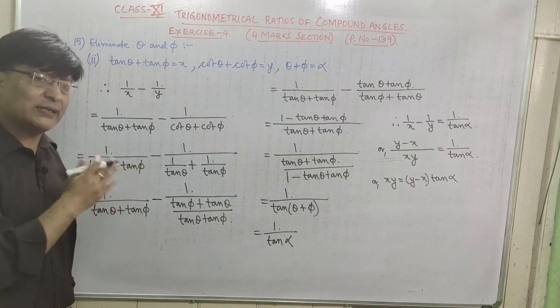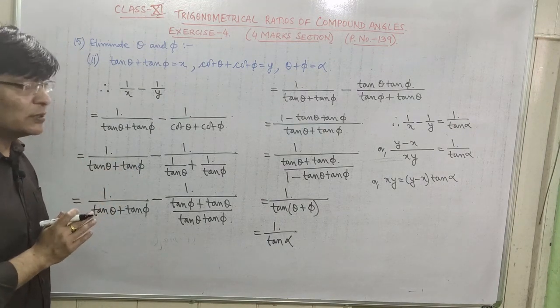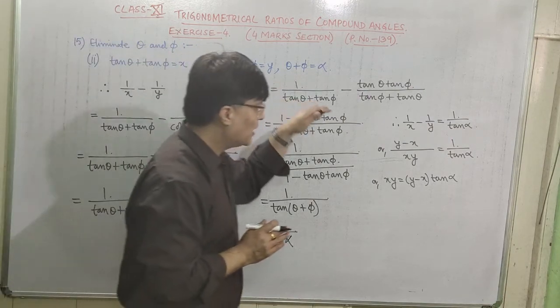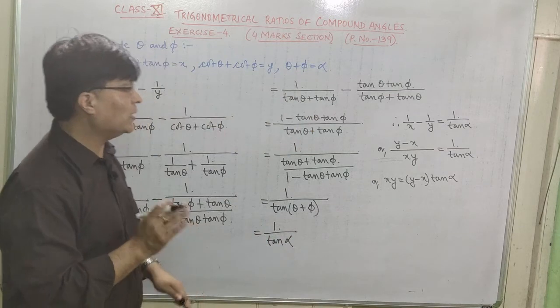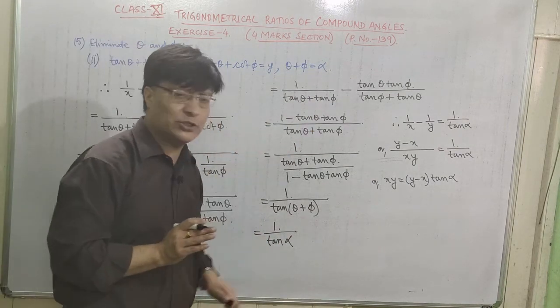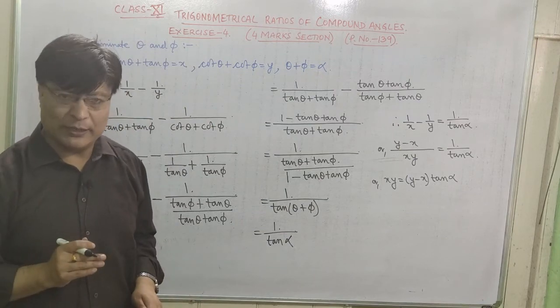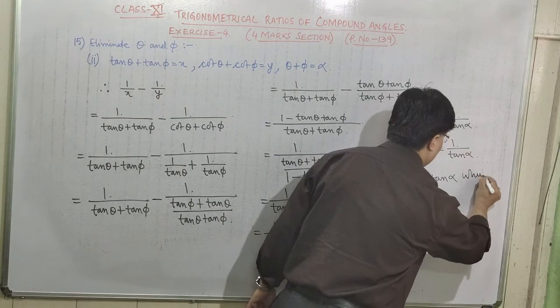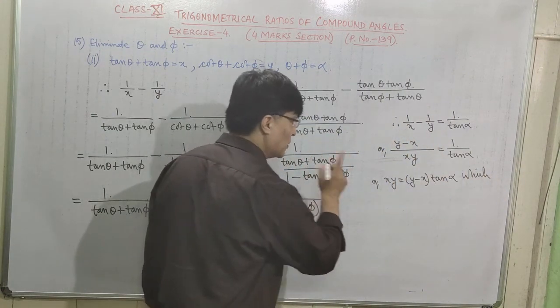So this is the required eliminant. So we have removed theta and phi from these three given relations, and we got the relation xy is equal to y minus x into tan alpha, and in this relation theta and phi are eliminated. This is known as the eliminant.